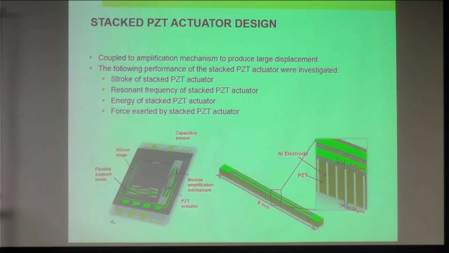So what needs to be considered in this design is we have to know the stroke of the stacked PZT actuator. With this length, how much displacement can be made, and the resonant frequency of the stacked PZT actuator, energy of a stacked PZT actuator, and the force exerted by this actuator.